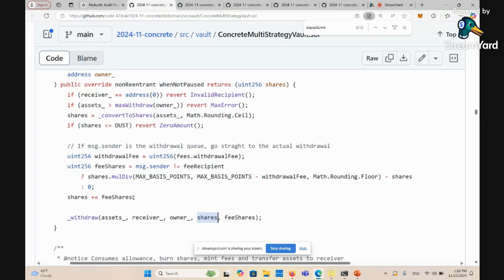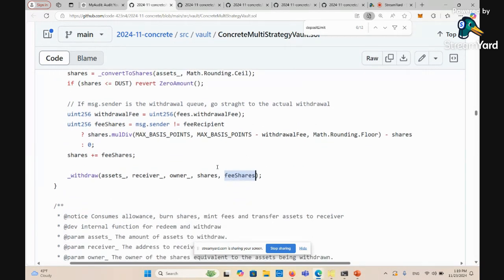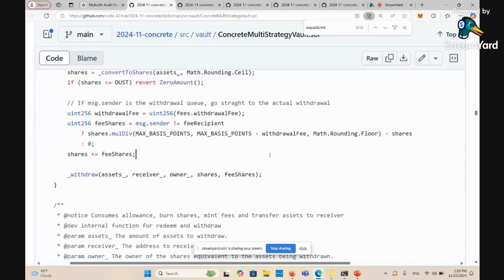So that's why shares is larger, because some part of the share is going to go to the fee collector. Okay, so I think it's correct. Okay, you receive less assets, but you burn more shares, and that's the main thing we have to worry about.